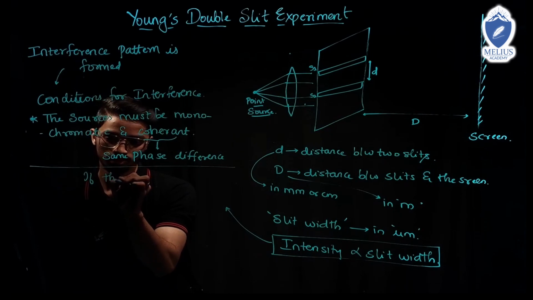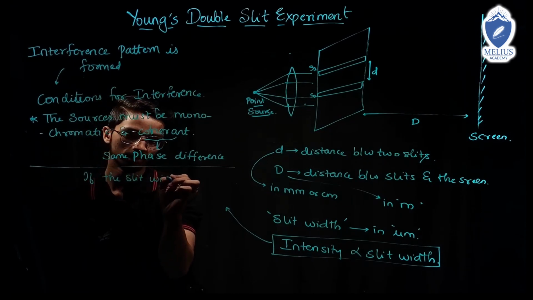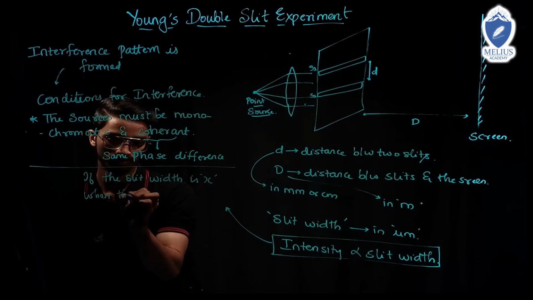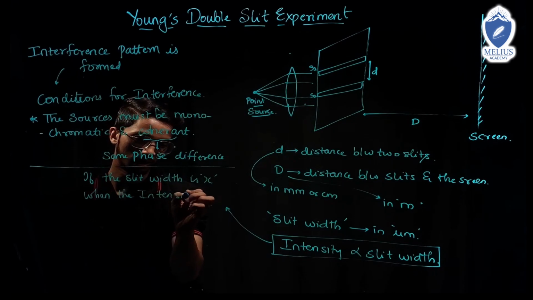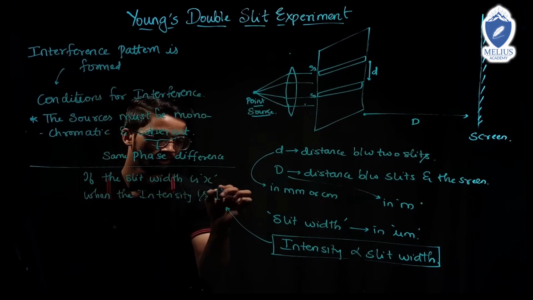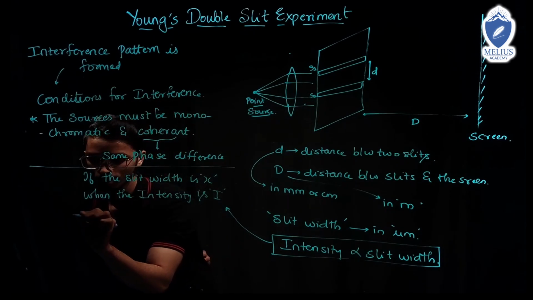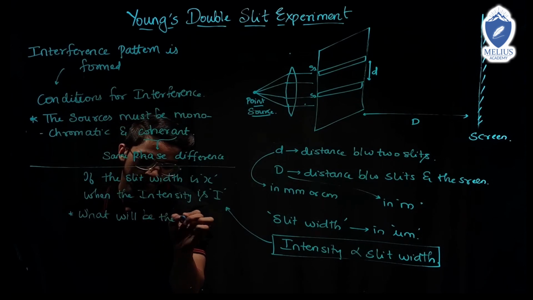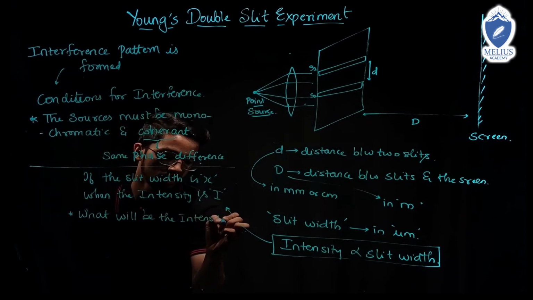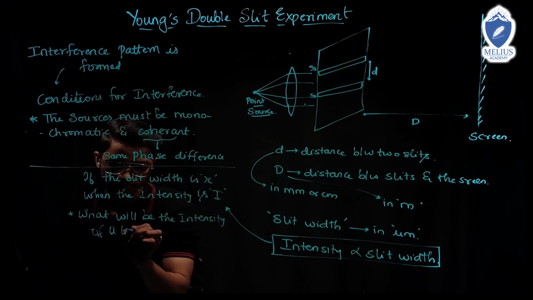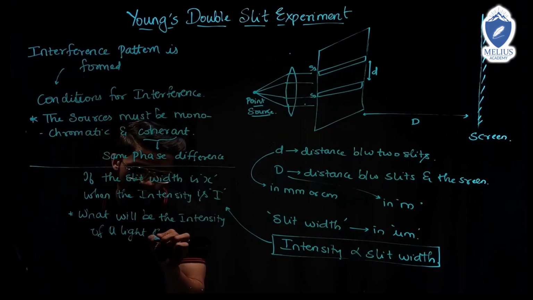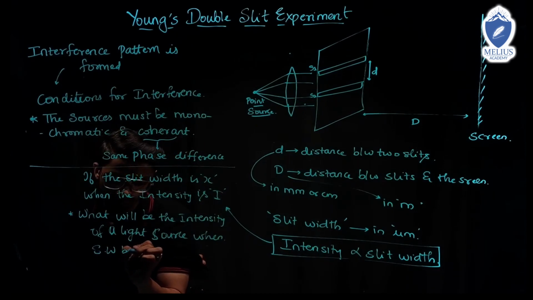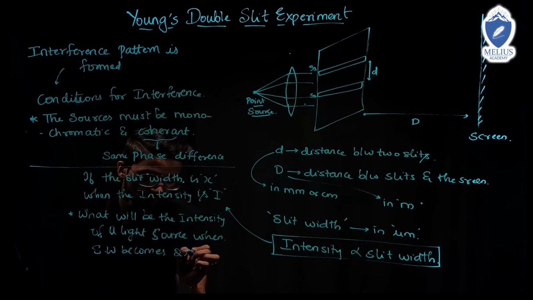If the slit width is x, the intensity is I. Then what will be the intensity of the light source when the slit width becomes 2x?